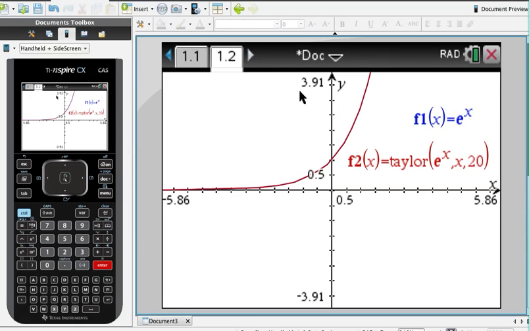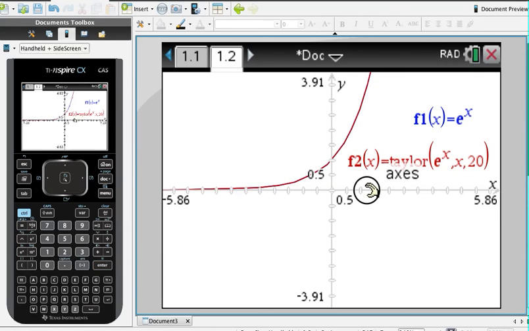And now you don't even see two different graphs anymore. The blue e to the x graph is perfectly covered by the degree 20 Taylor polynomial of e to the x. Now if I would go more to the right or left, I may see a deviation, but for our window here, it's a perfect match.